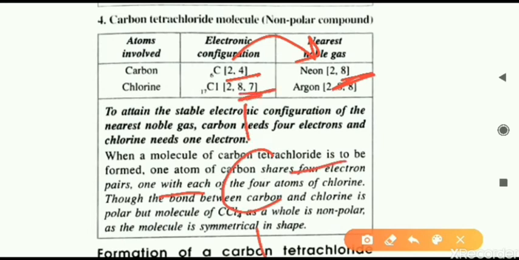That means only 1 electron is required for a single atom of chlorine to behave like the nearest noble gas. In the case of chlorine, it is argon, because the atomic number of chlorine is 17 and next to 17 is 18. That is, atomic number 18 is argon. So chlorine will behave like argon after this chemical bonding.